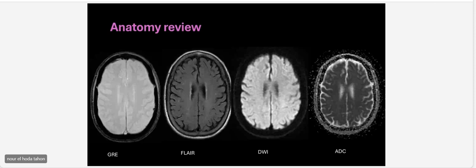I will show you an example for this. So always pay attention to a few things that can change your management or your diagnosis, or during your work with your project, you have to identify, oh, this is not part of the tumor, I'm not going to segment this. And you have to know how the vasogenic edema and the cytotoxic edema look.